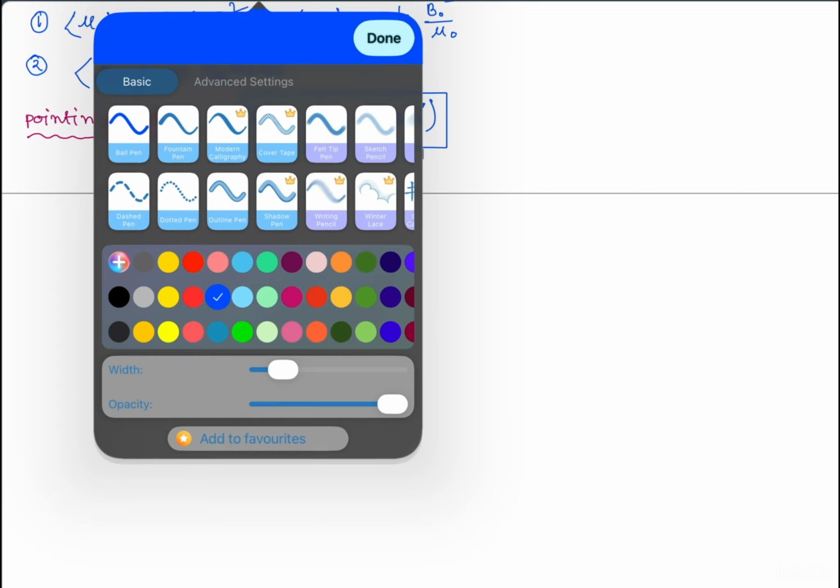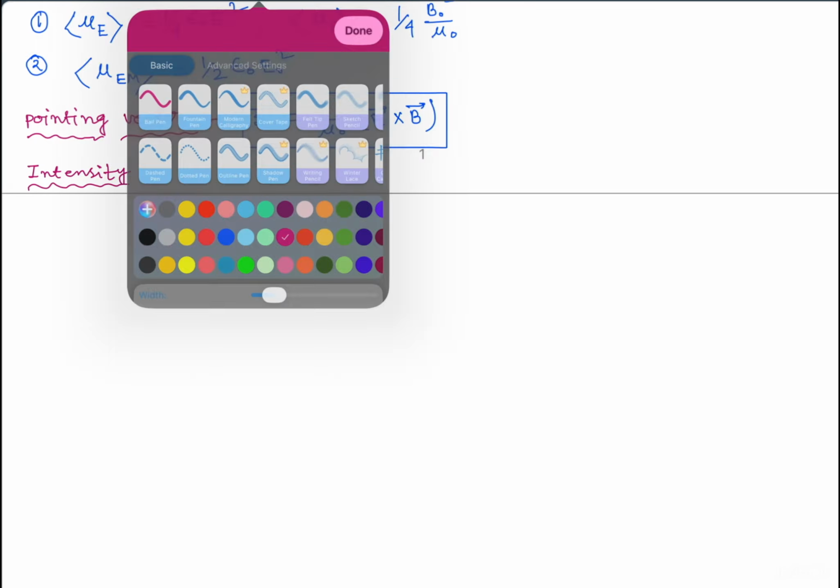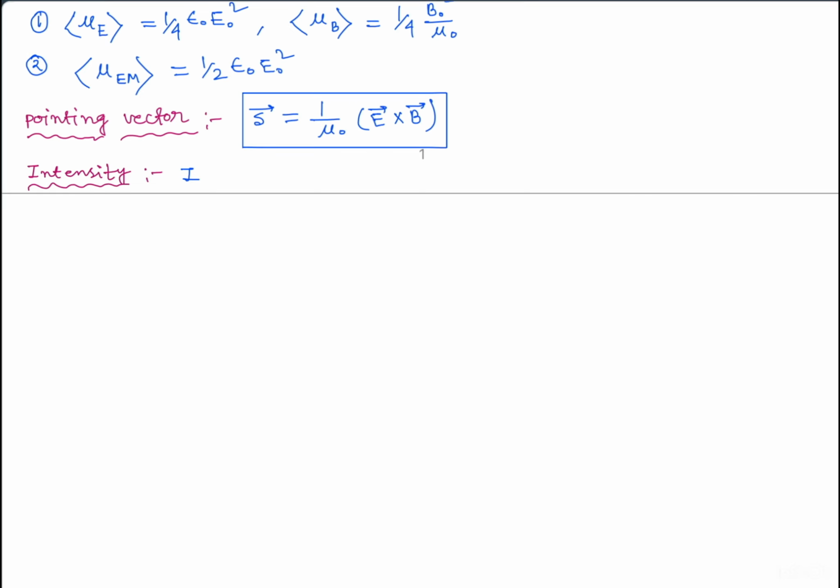Now if we find the intensity, it will be the average of the Poynting vector, which is equal to the energy per unit area per unit time, or power by area, which is equal to half c epsilon 0 E0 square, which is the most important formula.